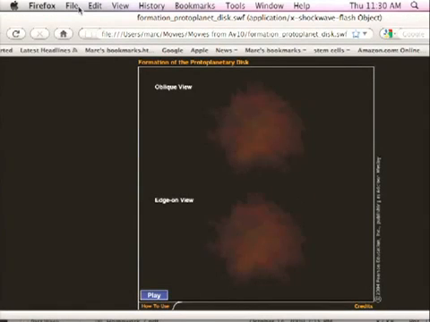Let me show you this movie again. Now, there are two views. Here's a view of what we saw before, and here's a view from the side.